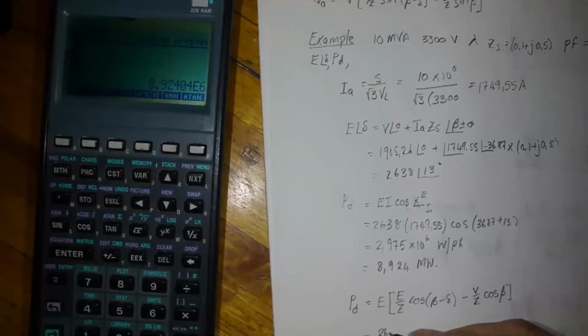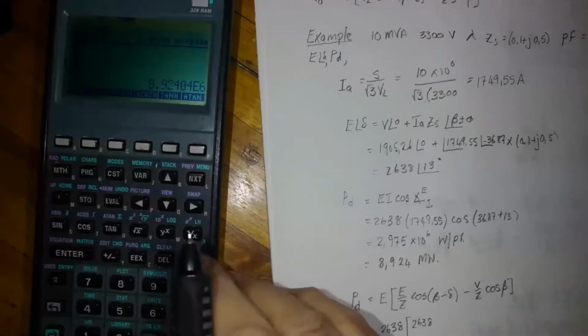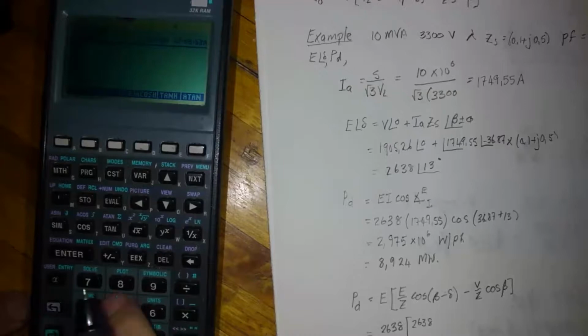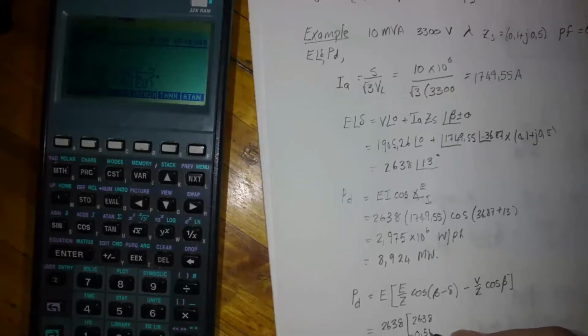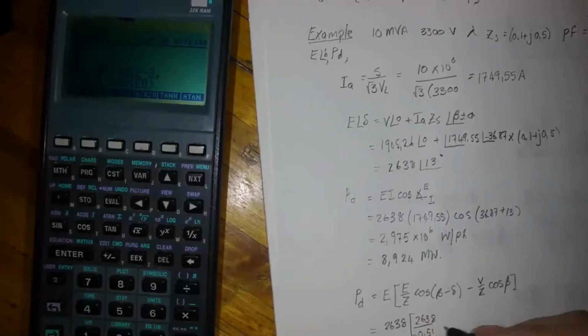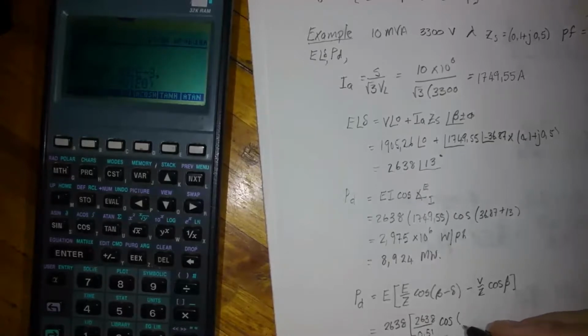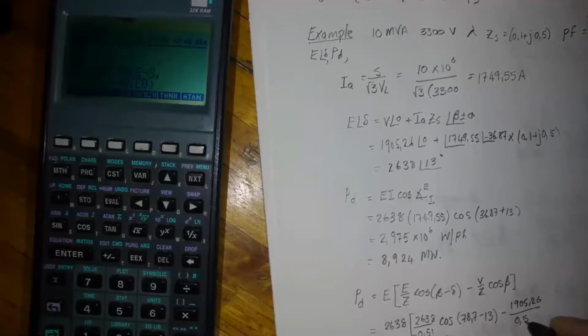So that is 2638 times 0.51, cos of 78.7 minus that 13, which is our load angle, minus 1905.26 times 0.51 cos of 78.7.